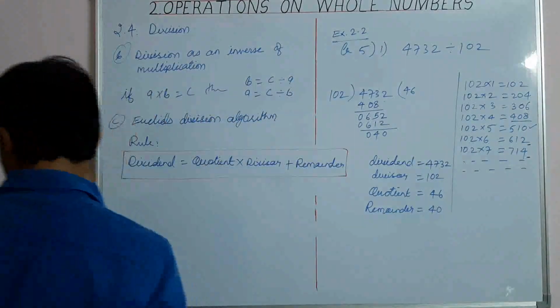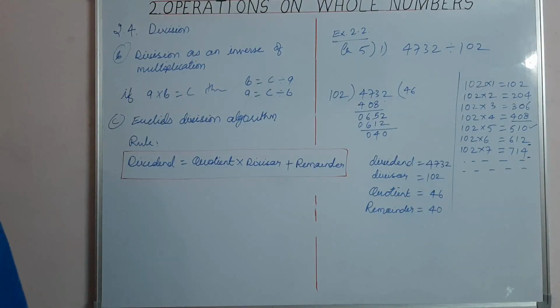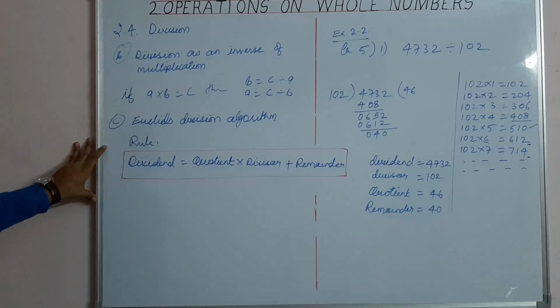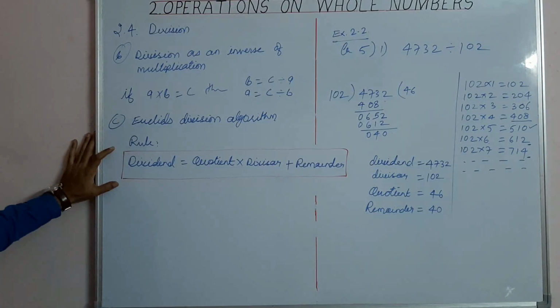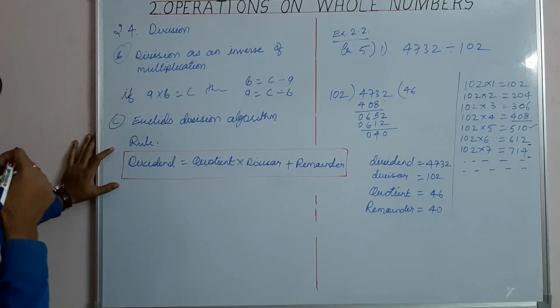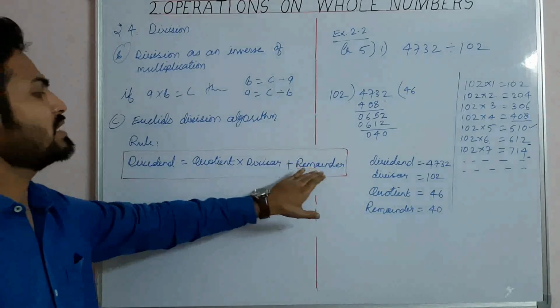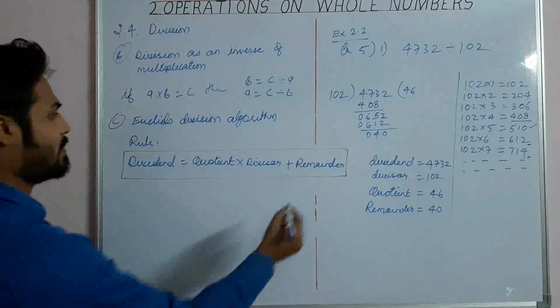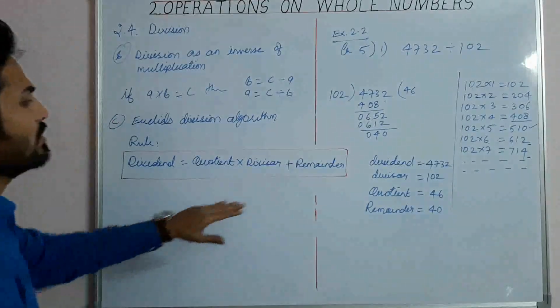The second part of the problem, verification. Verify by multiplication. For verification we have this rule of Euclid's division algorithm which says dividend is equal to quotient into divisor plus remainder. So we'll put all values here.